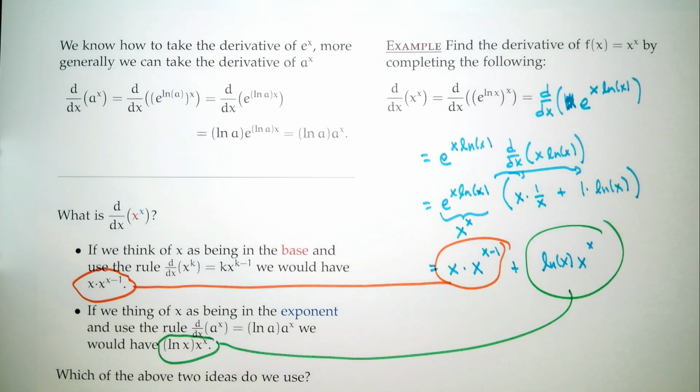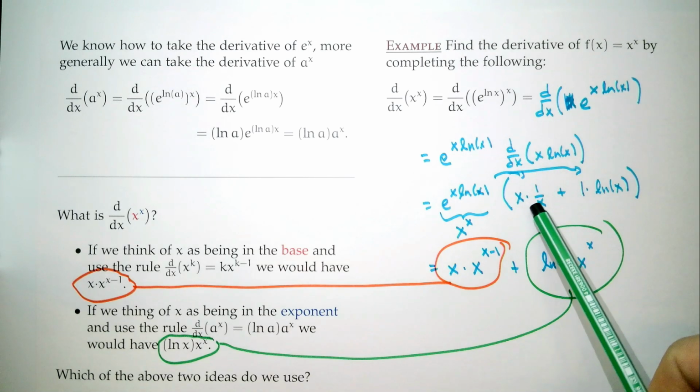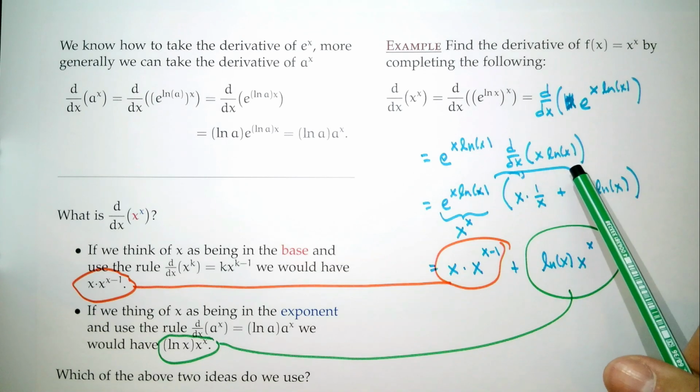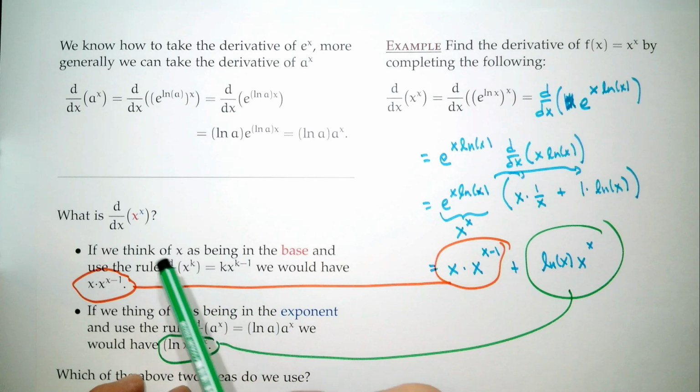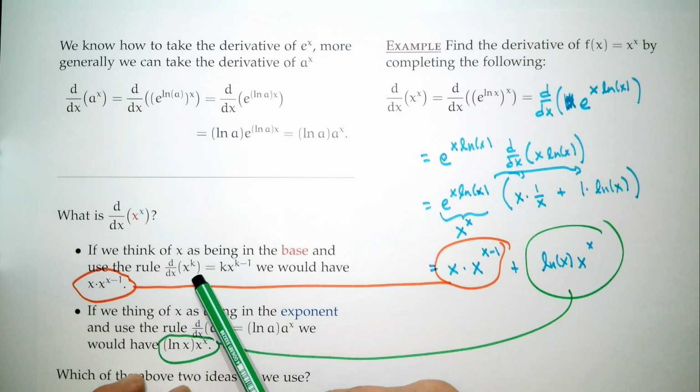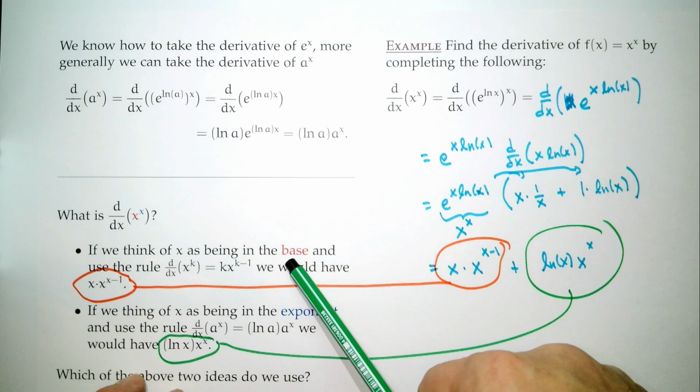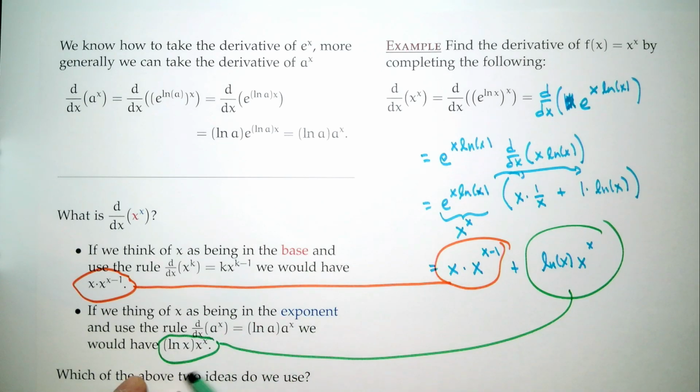The reason they were both used was we separated them, and when we took the product rule, we said, treat one thing as being fixed, take the derivative of the other. So if we think of the exponent being fixed, that ends up being this rule. If we think of the base as being fixed, that ends up with that rule. So it actually is the case that we used both.